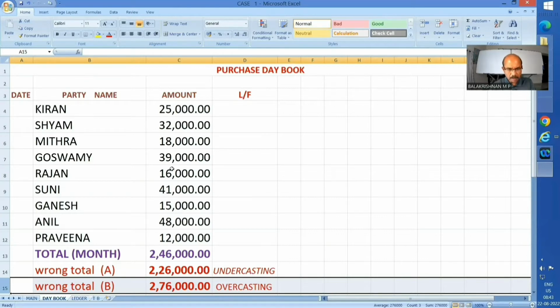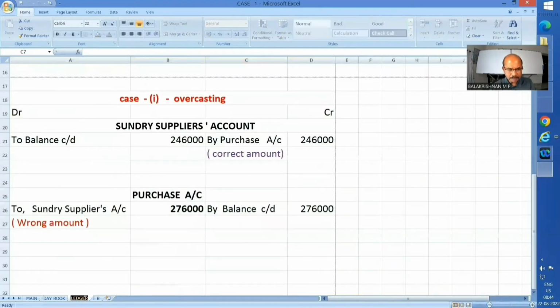Overcasting has been done. Had he properly totaled up the subsidiary book, you would have got an amount of 2,46,000. Instead, let's assume the accountant has by mistake totaled it to 2,76,000. In that case, obviously, in the ledger, suppliers account will be properly shown.